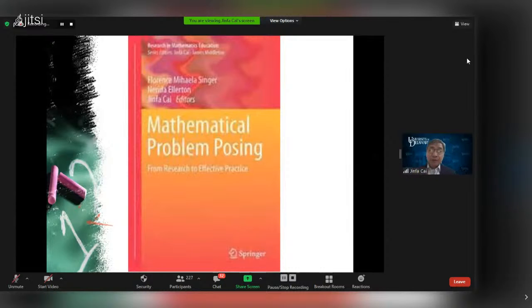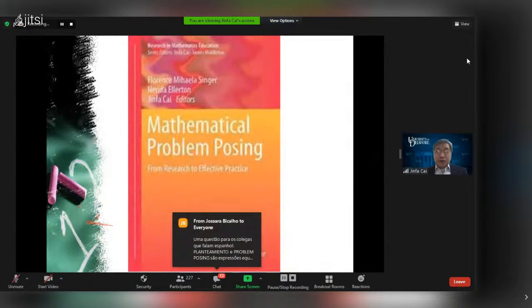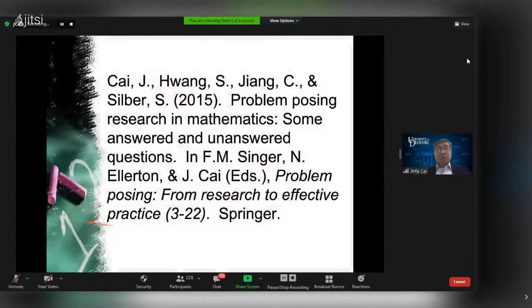In this book, scholars from 26 countries discussed how to do problem posing research. I wrote a chapter trying to synthesize the problem posing research in mathematics, looking at some answered and unanswered questions.